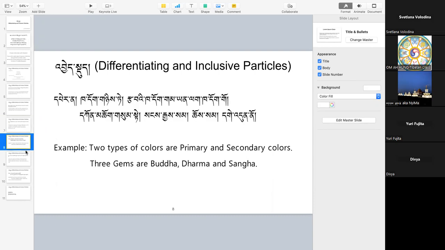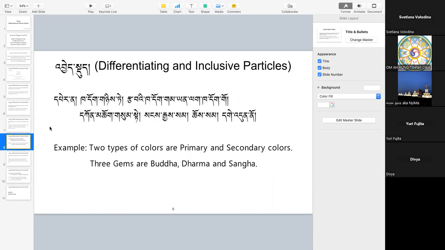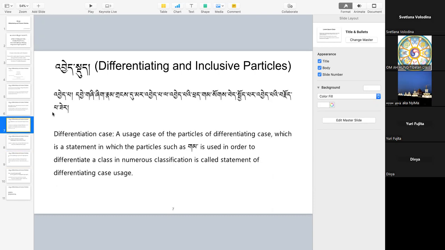The first one is cheba, and the second one is duba. So cheba and duba. So what is cheba? The differentiating and inclusive particles. First one is the differentiating case. A very, very brief and very surface explanation of what it is. So cheba, what is the definition?